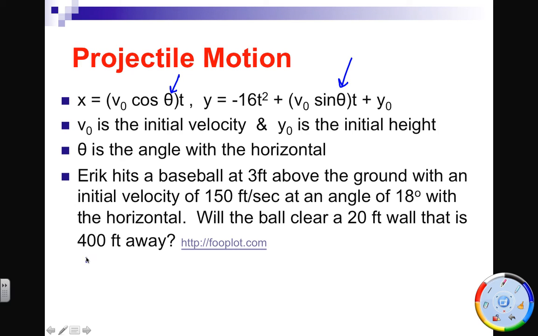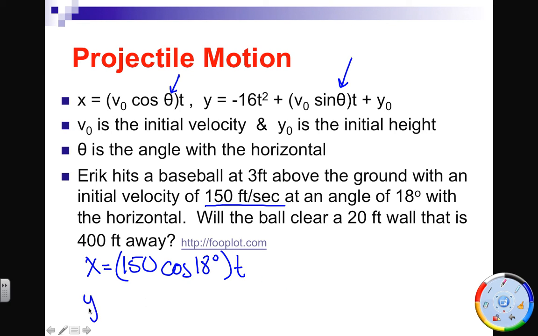So we're going to write some equations. So x is equal to v sub 0, which is initial velocity, which is 150, times the cosine of my angle, which is 18 degrees, times t.